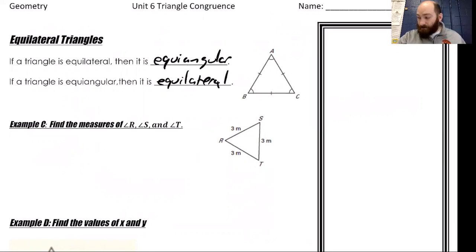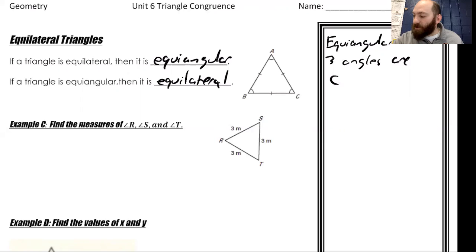Bottom line is equilateral, we said all 3 sides are the same. Equiangular, all 3 angles are congruent. That's it. And it's very much interchangeable, but just recognize that if I say equiangular, I'm referring to angles. If I say equilateral, I'm referring to sides.